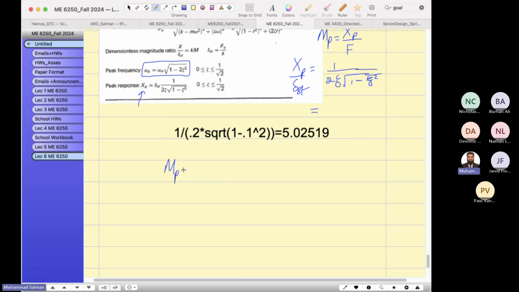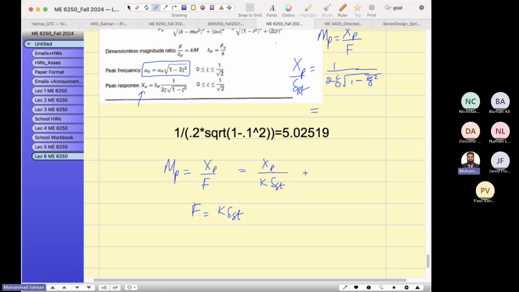So the XP, so F and the static displacement is K, delta XP over K, static deflection.